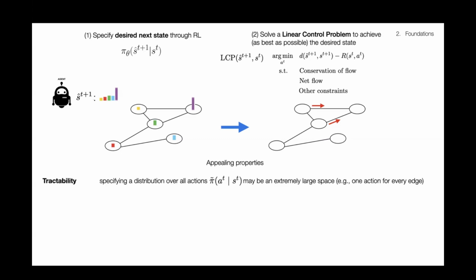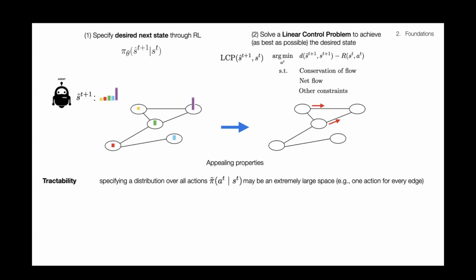And this decomposition has some appealing properties. First of all, if we only look at the reinforcement learning policy that represents decision-making over edges, we are extremely simplifying the problem for reinforcement learning, because rather than defining a distribution over all possible flows on the graph, we're specifying a distribution over nodes, which is typically a much smaller dimension.